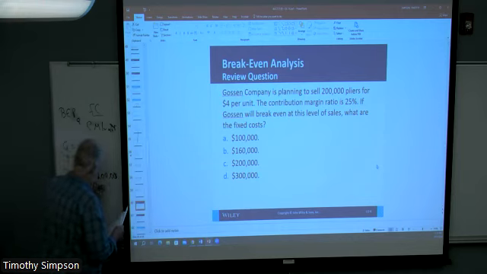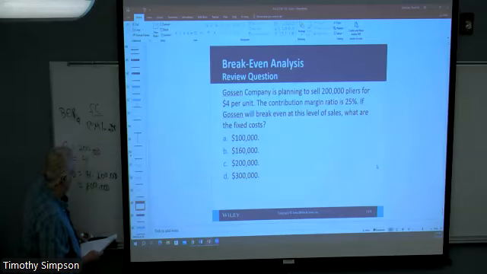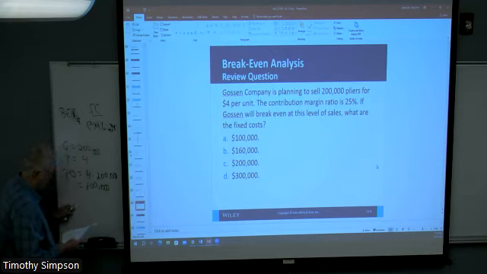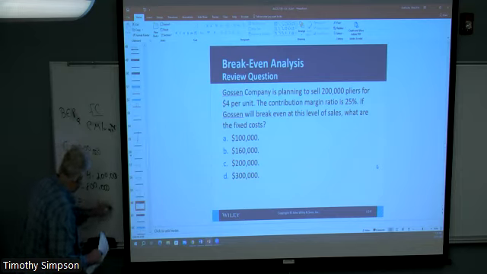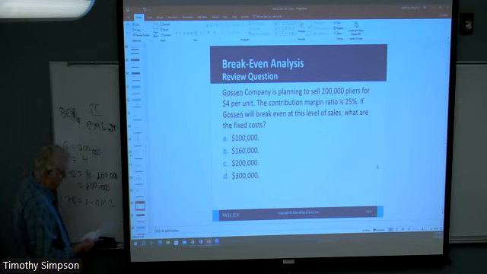And what are they asking us here? They want to get to our fixed cost. So in this case, what do we have? The variable costs are equivalent to the complement of the contribution margin percentage, which is given to us at 25%, which basically equals 75%.